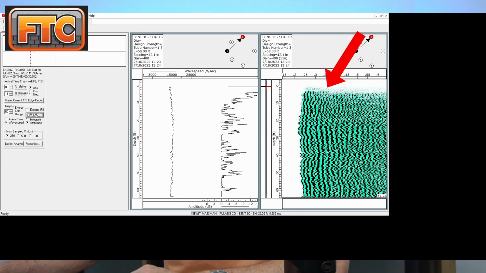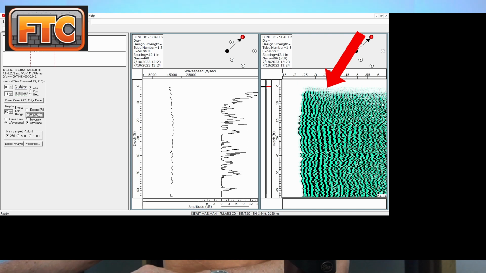An example of this would be where you have CSL access tube debonding at the top of the shaft. So you can see here from the waterfall plot, we have some signal fading, but you can tell that these parallel lines in the waterfall plot are in fact parallel even through the zone of attenuated signal. So this is a classic indication of access tube debonding.